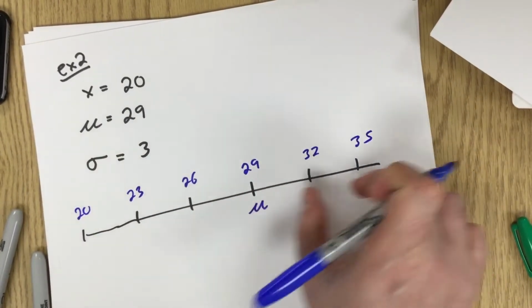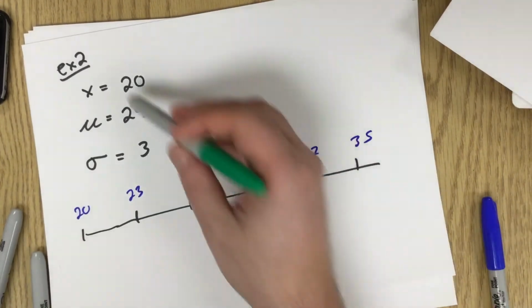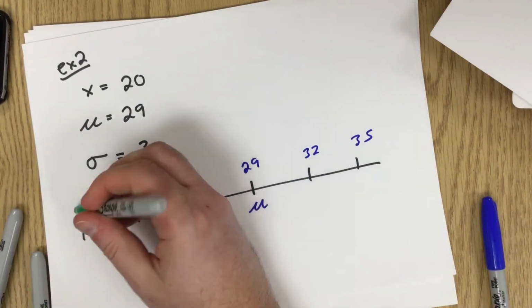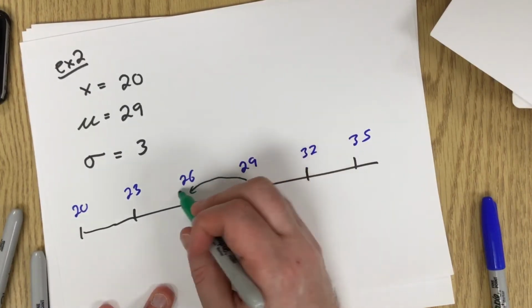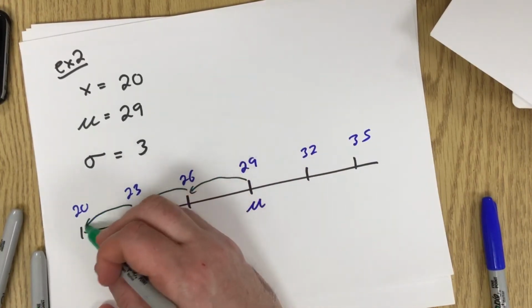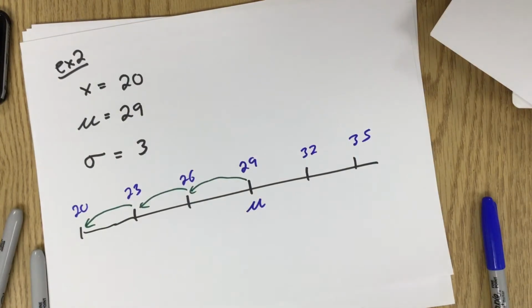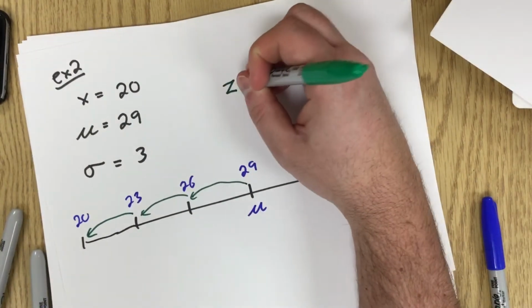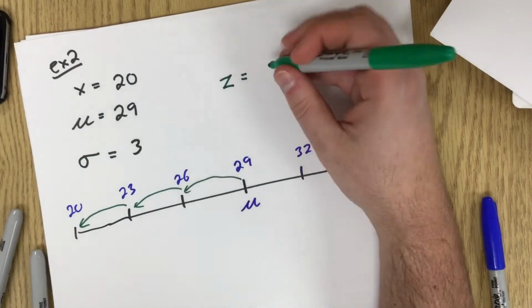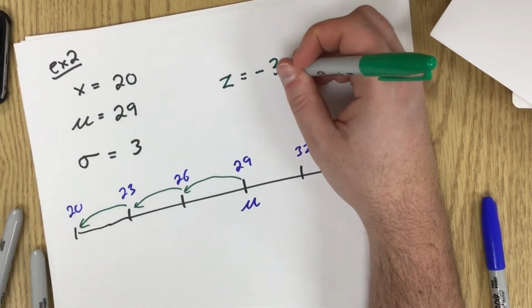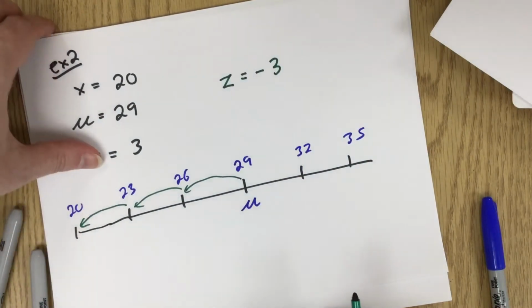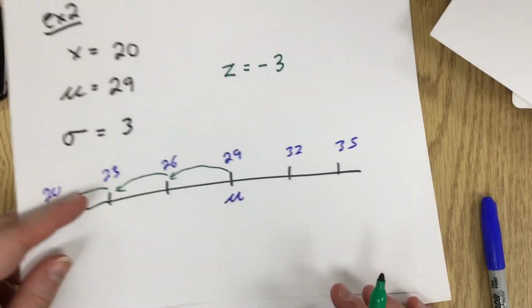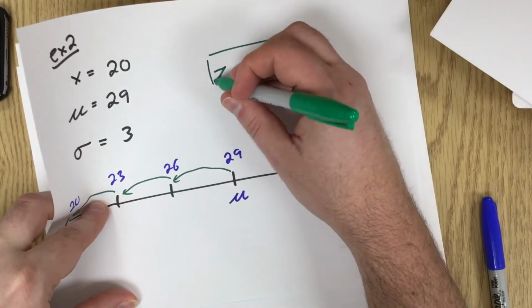So these are our standard deviation apart. Now our point is 20, and we can see that 20 is 1, 2, 3 standard deviations away from the mean. And because it's below the mean, what we actually say is that the z is -3. So it's 3 standard deviations away, and it's 3 standard deviations below the mean. So -3 is 3 standard deviations below the mean. If it was +3, it would be 3 standard deviations above the mean.